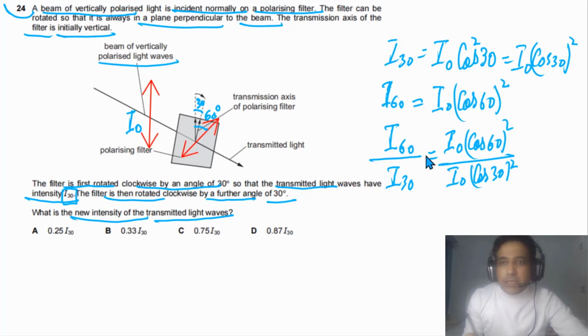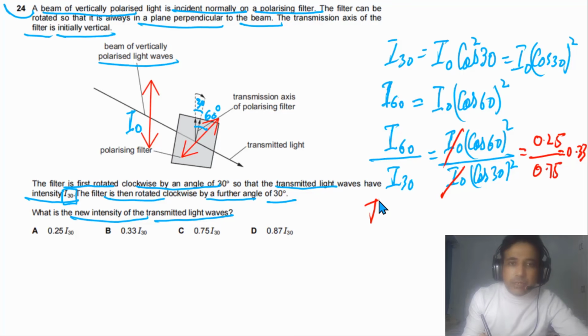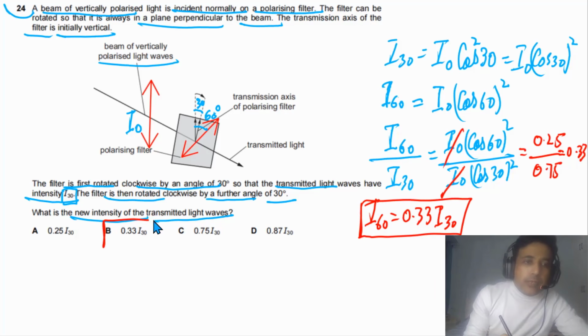I naught cancels with I naught. If you take the squares, you get 0.25 divided by 0.75, and if we solve this we get 0.33. So I60 is equal to 0.33 times I30. So the final answer for this one is B.